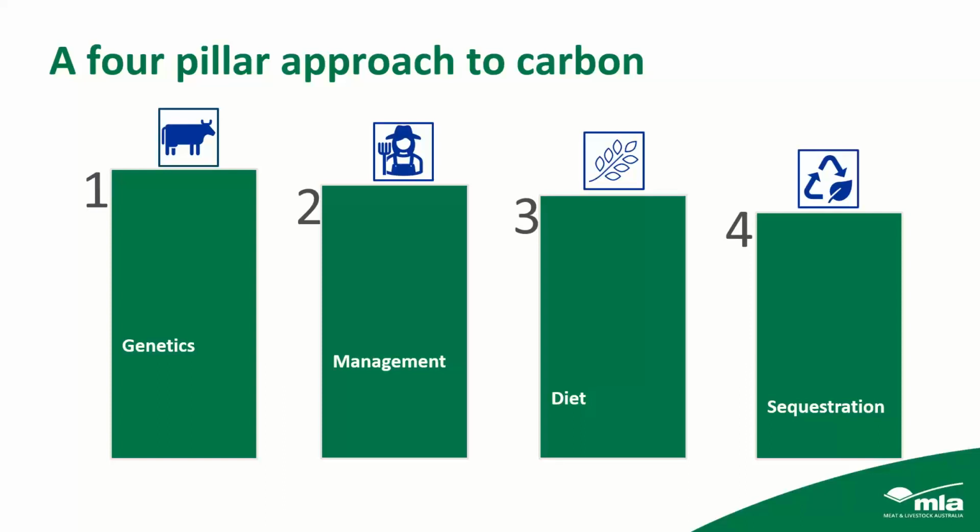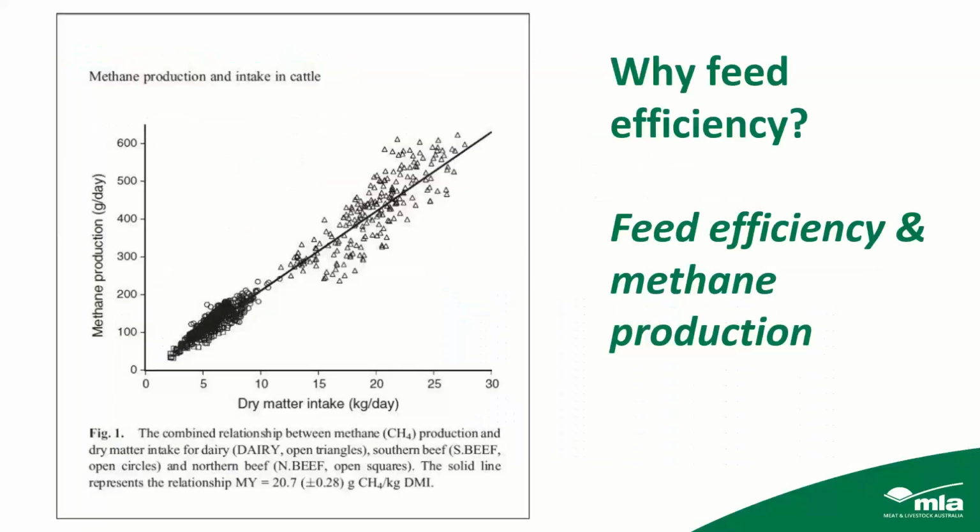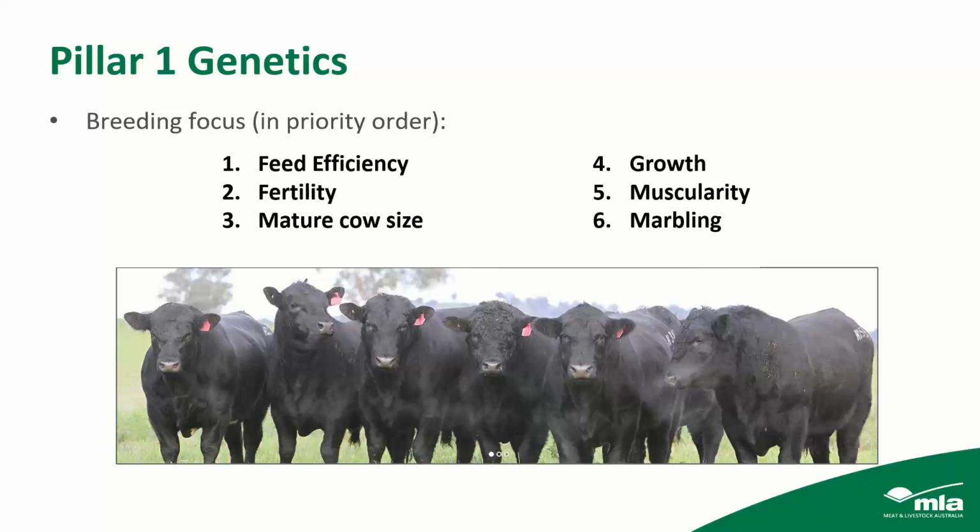That's not to say that genetics is the most important, but they're 3 very big areas. So genetics, if we move on, going back, when we're talking about genetics, our approach in breeding cattle is all about the profitability of commercial producers.